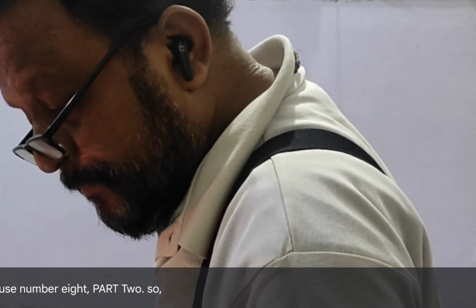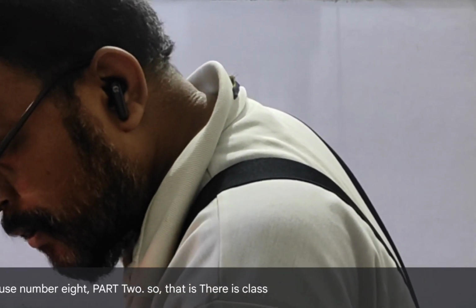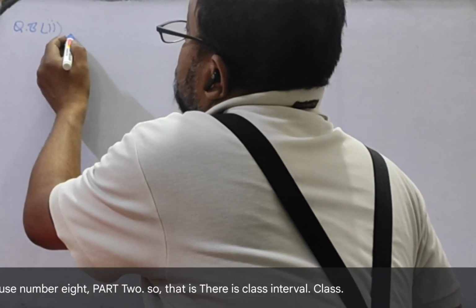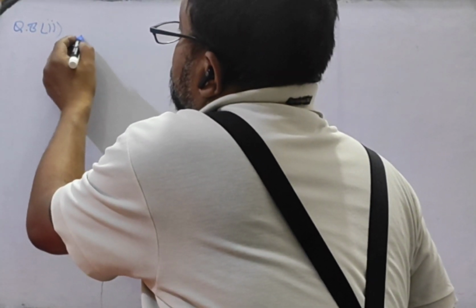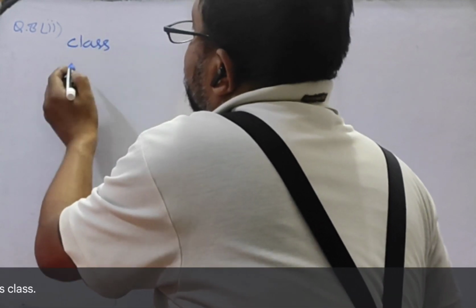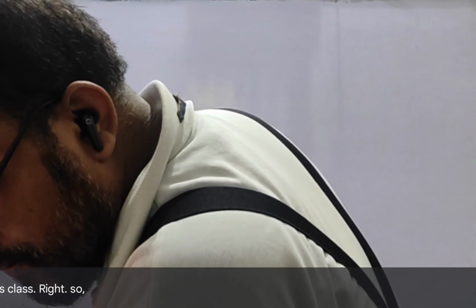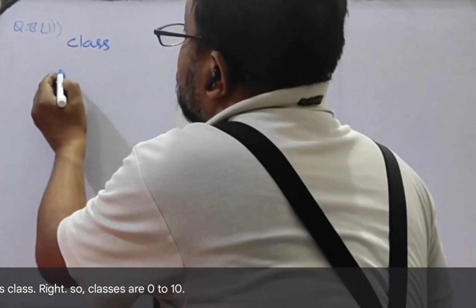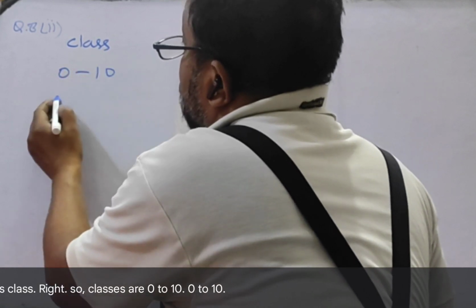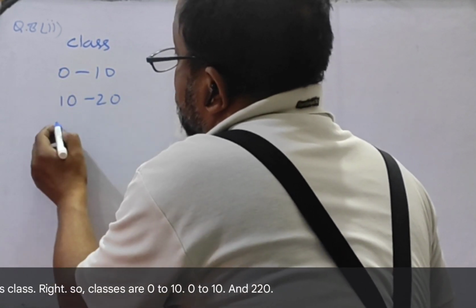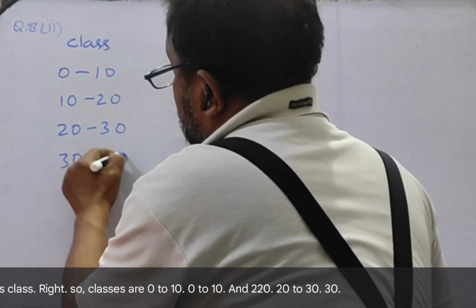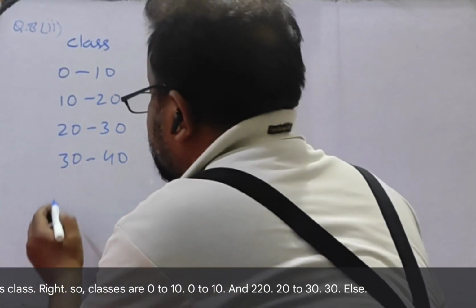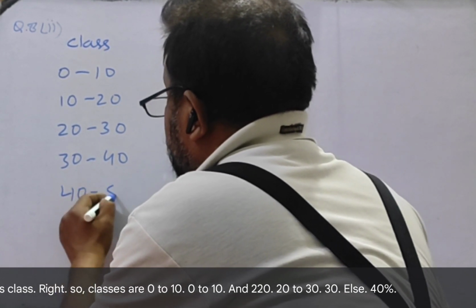So there is a table with class intervals. The classes are 0 to 10, 10 to 20, 20 to 30, 30 to 40, 40 to 50.